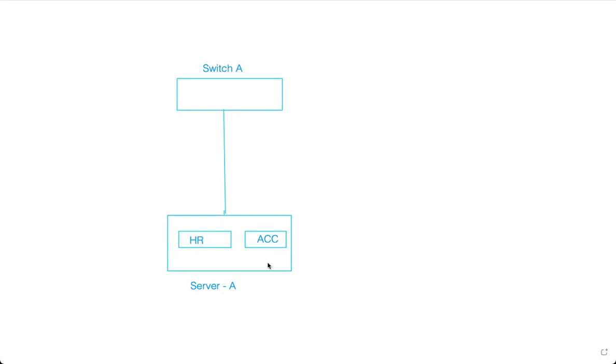Okay, HR team is there, accounting team is there. So when the HR wants to send the data, they will use a VLAN tag value of 10. Now consider the HR is sending the data on that VLAN. There is this port, this port, this port.